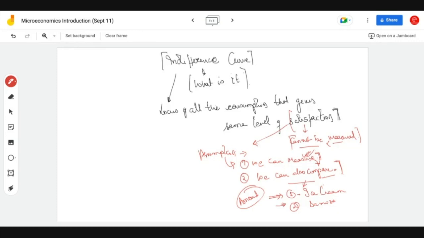One thing we need to talk about is utility. Utility is nothing but a functional form. There is a term called utils, and utils is the value or a unit of satisfaction.